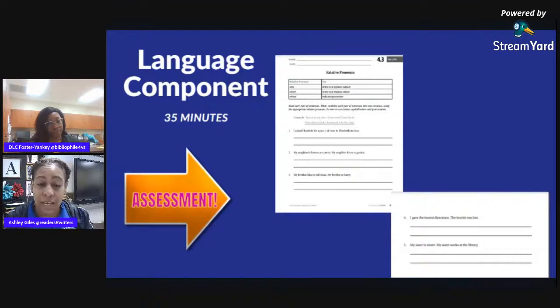For me to be explicit, I would need to read each bullet, but I'm going to leave that for you guys to internalize on how to explicitly teach it because it's right here in the curriculum. But you are showing them how to replace it, showing them your thinking, telling the students why you would replace that noun with this relative pronoun.